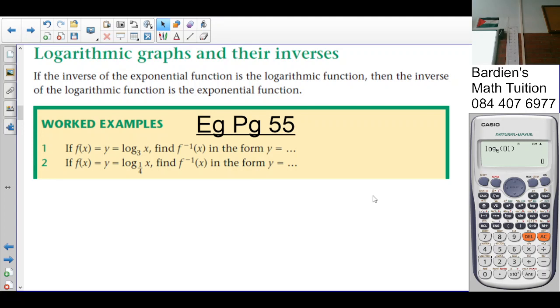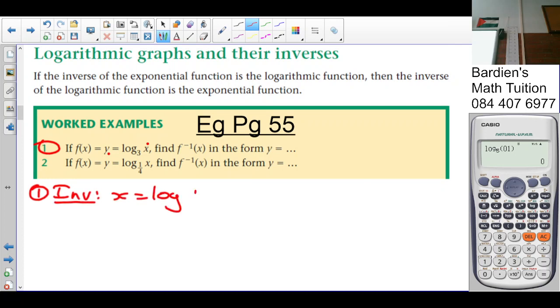This is worked example 1 on page 55. We are told that if f of x equals y equals log x base 3, find the inverse function in that form. So how do you work out the inverse function? You interchange x and y. So for the inverse function, x is equal to log y base 3.